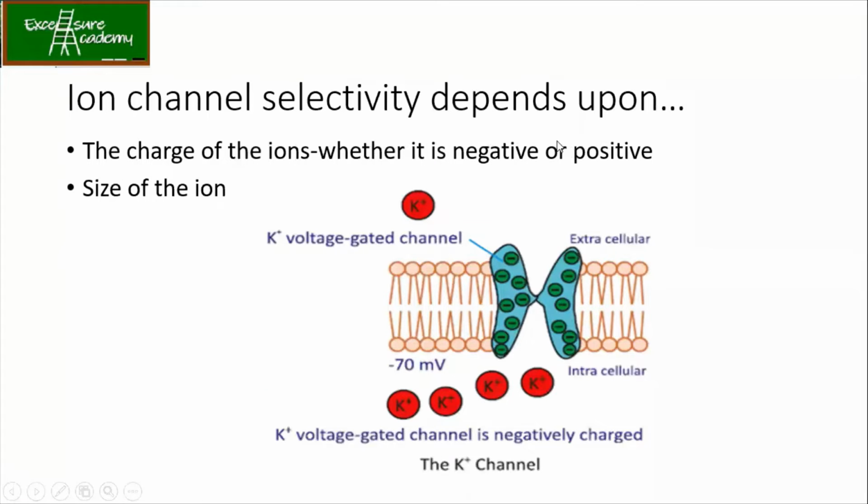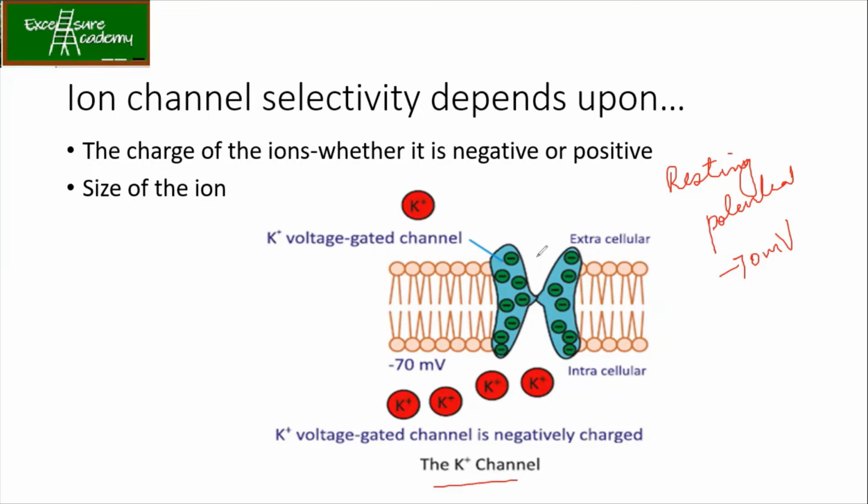Now ion channel selectivity depends upon the charge of the ions, whether it is negative or positive, and the size of the ion. So for example, let us say that this is K plus. And if you remember, the resting potential of the membrane is minus 70 millivolt. Now let's talk about the K plus channel.